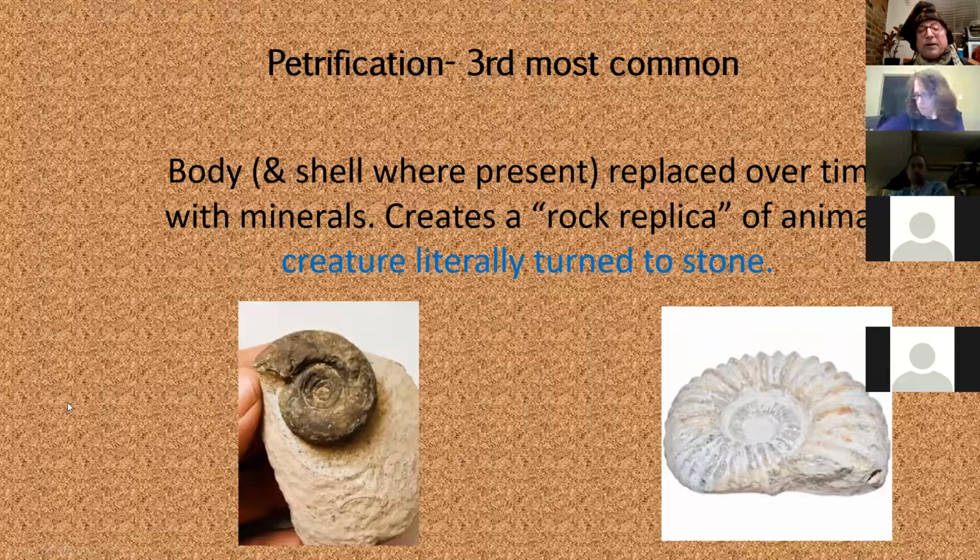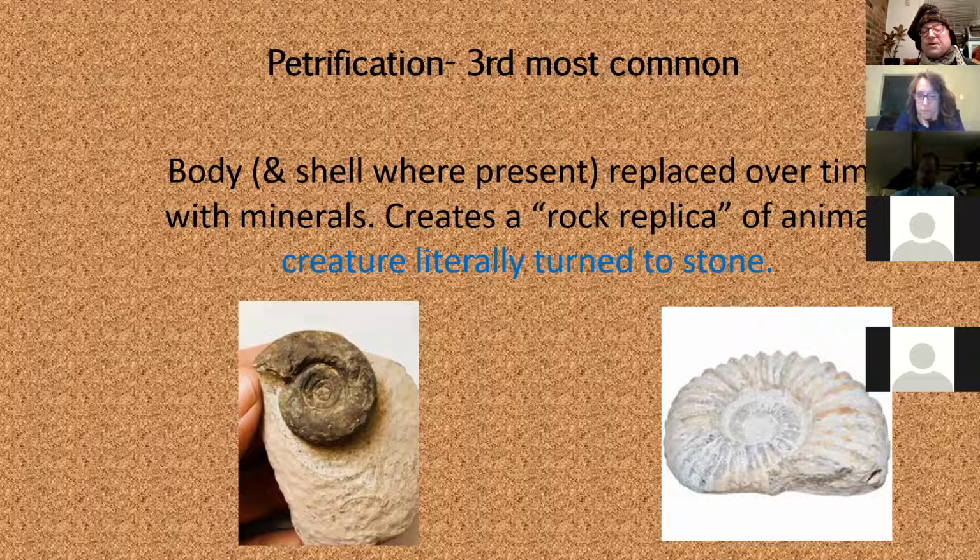Now, the third most common, although it's very common in Ohio, is petrification. That is where the body and the shell, where present, is replaced over time, not with silica, but with minerals, the actual minerals as opposed to the silica.